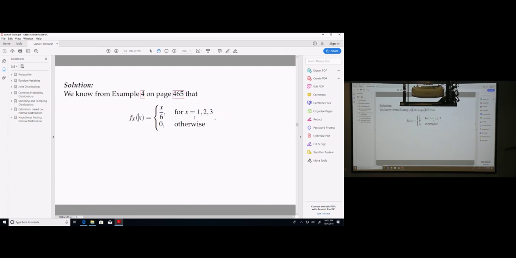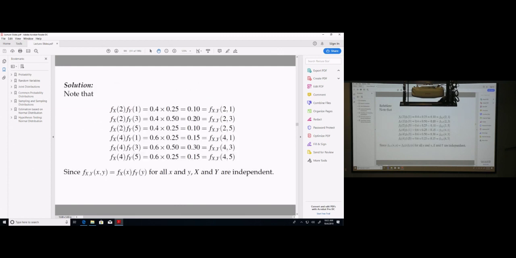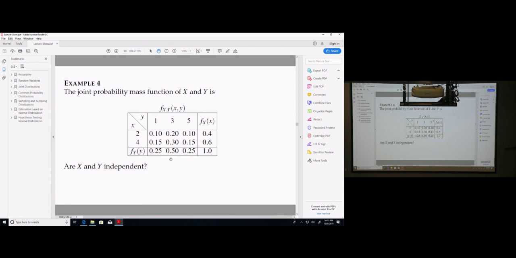Either way would be fine. But imagine if you don't use a table and use a function form, then you will have 7 lines. The first line would be when x equal to 2, y equal to 1, then your joint probability mass function is equal to 0.1. And then another one would be x equal to 2, y equal to 3, and then it would be 0.2.